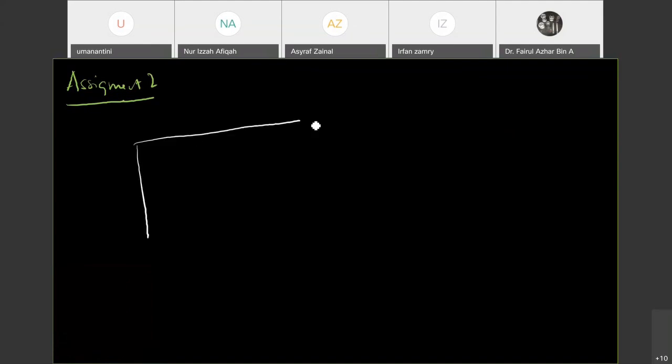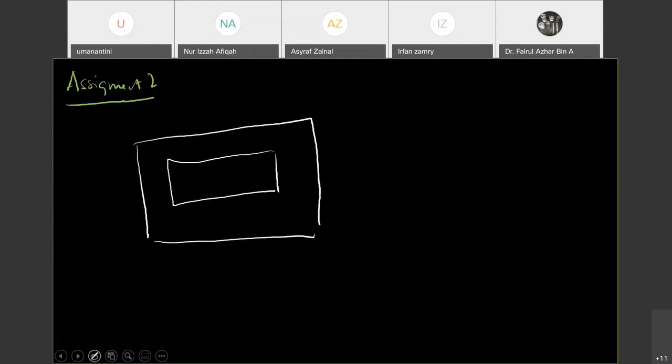In a transformer, let's say we have a transformer. Generally a transformer has 2 windings. This one is the primary winding, and this is our secondary winding.